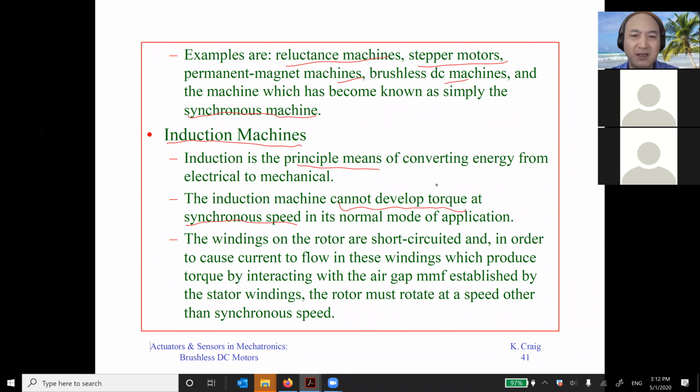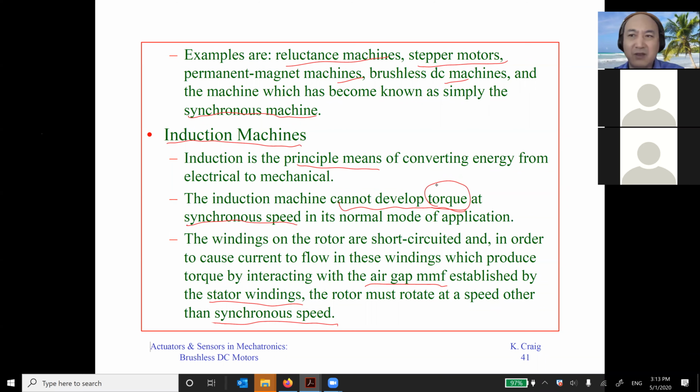It's useless. The windings on the rotor are actually short circuited. So current flows in this winding, and you have a torque interacting with the air gap magnetic field from the stator winding, which is rotating. In other words, to have torque generated, the motor must be rotating at a speed not the same as the synchronous speed.